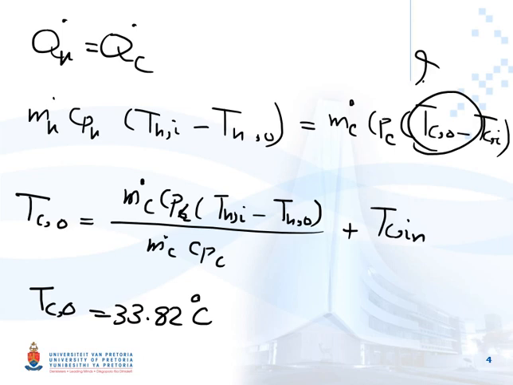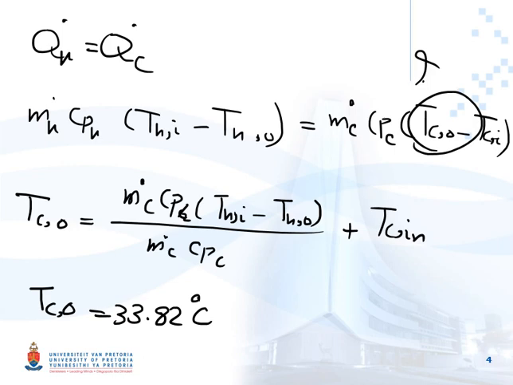So I'm going to use the epsilon NTU method. Maybe after that you can use the LMTD method and see if the results are the same, and you can compare those results. We don't have enough time today to do both.